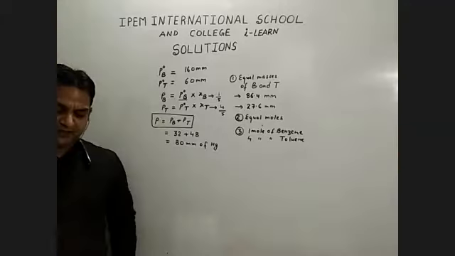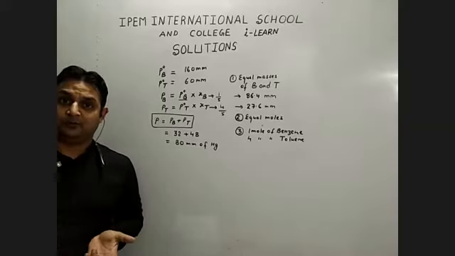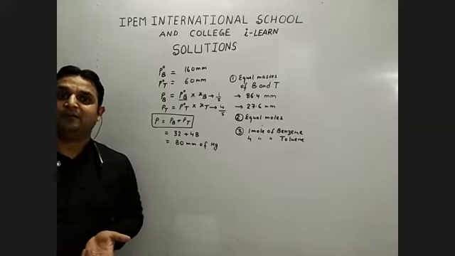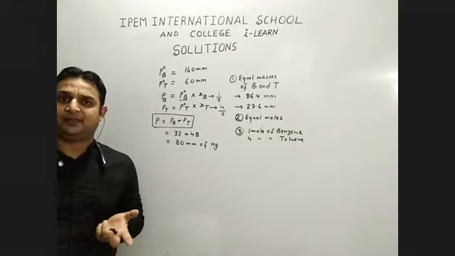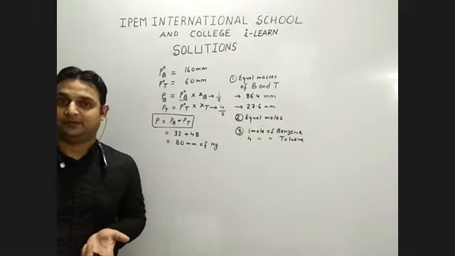So for equal masses, we have to take the given mass as X for both toluene and benzene. Whether you take X, W, or M, W is mostly used in the equation as the mass of solute.